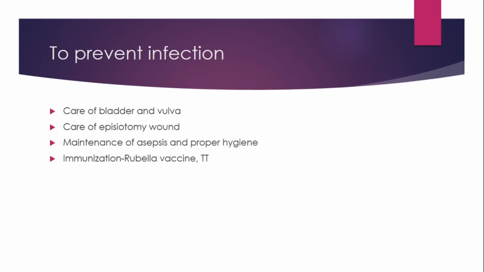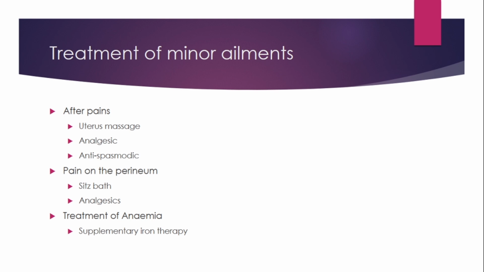Now, to prevent infection, there is need to care for the bladder and the vulva. There is need to care for the episiotomy wound. Then maintenance of asepsis and proper hygiene. Then there is need for immunization. Now, treatment of minor ailments.